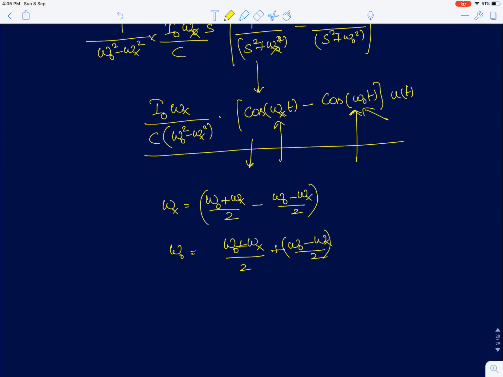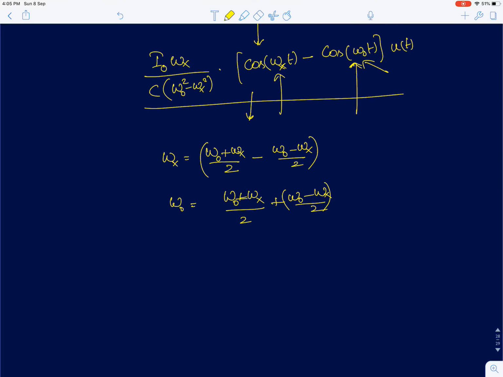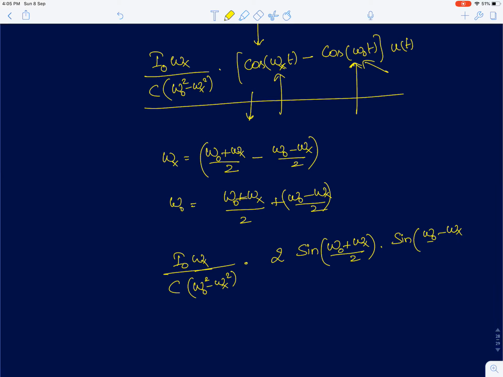So I can write these two terms in this way and reduce this term as I naught omega x by C into omega naught square minus omega x square, into 2 sine of omega naught plus omega x by 2 into sine of omega naught minus omega x by 2.